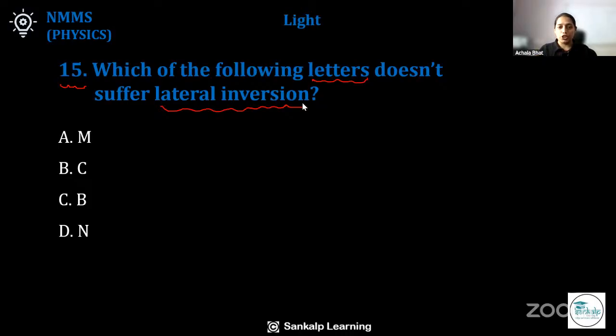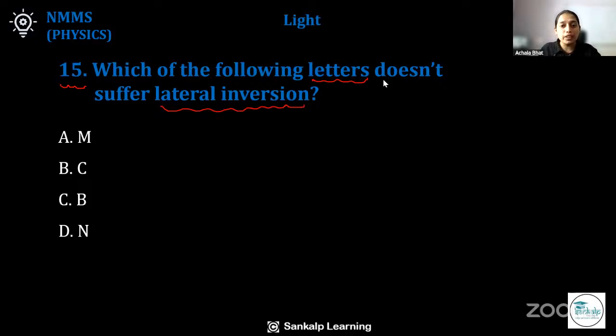When your right part of the body appears as left side of that image and your left part of the body appears as the right side of the image, this is lateral inversion. Left side appears as right side and right side appears as left side in the image. That is lateral inversion.